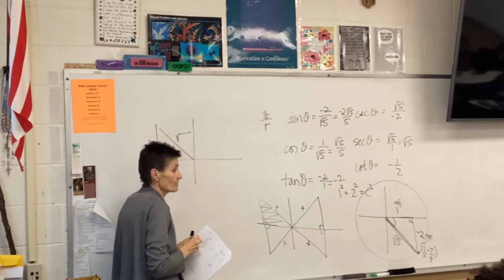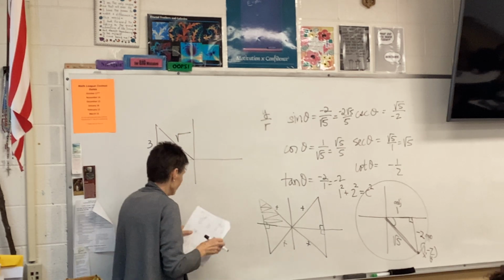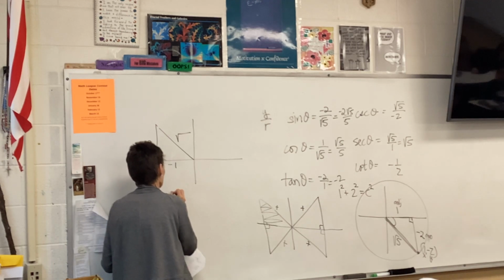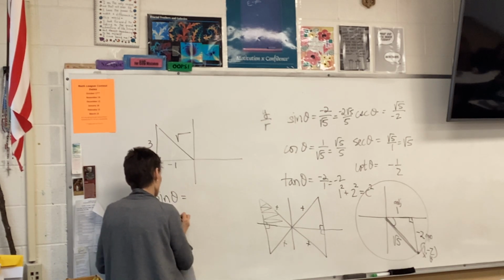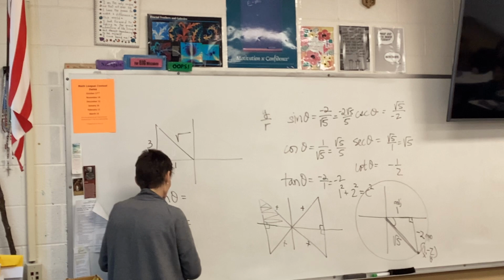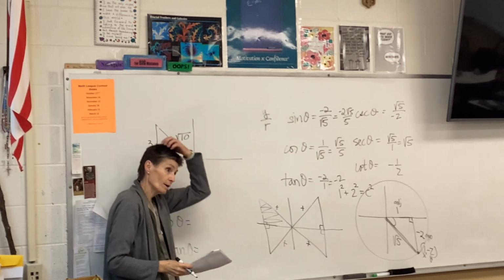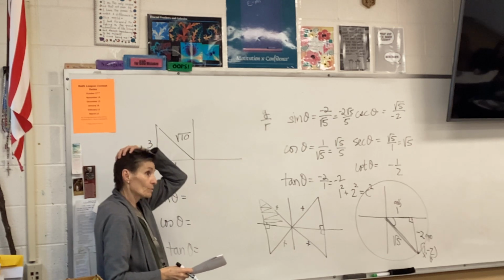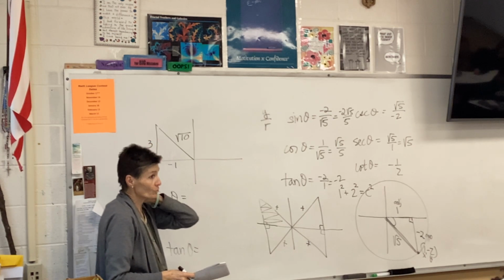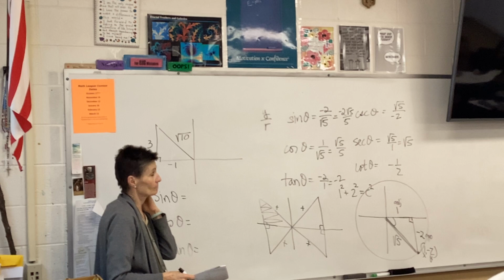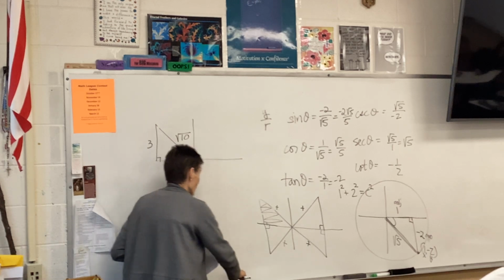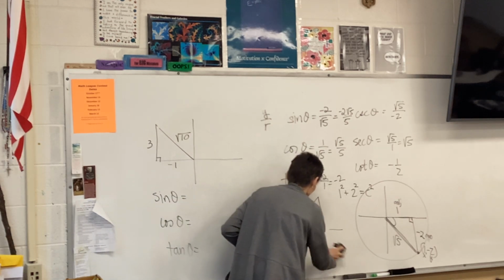Find your hypotenuse. Is it what? I heard somebody say the square root of 10. Is that right? 3 squared plus 1 squared. So now you ought to be filling in everything.